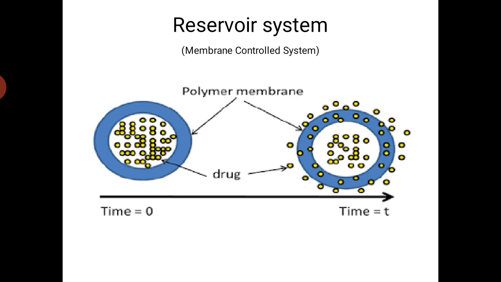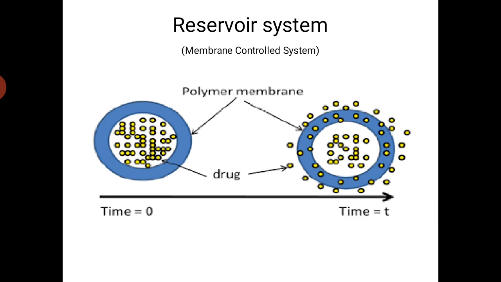The same is the concept of the reservoir system for the control release drug delivery system also. There is a core drug substance. Outside the core there is a membrane. The membrane protects, or limits, the movement of drug molecules from the core towards the outside environment.